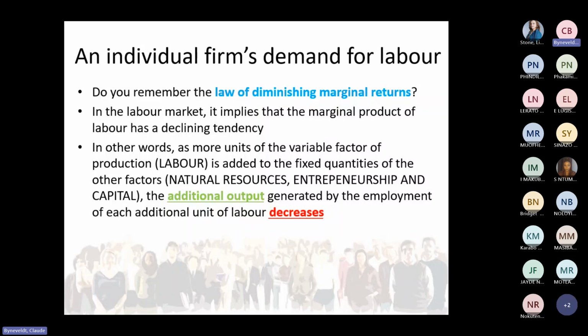So the law of diminishing marginal returns can also be applied to the labor market as in the goods market. What does it mean? The marginal product of labor has a declining tendency.